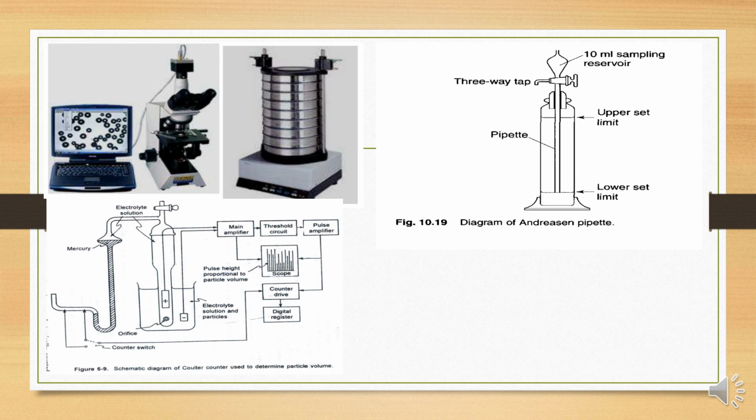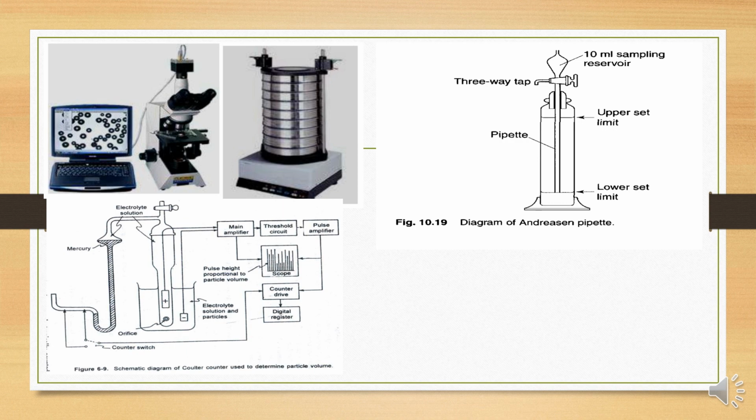While explaining the principle of the Coulter counter method, first we suspend our particles in a conducting electrolyte, for example sodium chloride, and this dispersion is filled in our sample cell. The cell has an orifice, which maintains contact with the external medium, and we place electrodes in the solution and apply a constant voltage across the two electrodes.